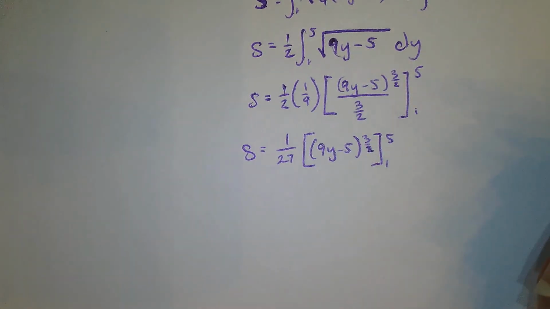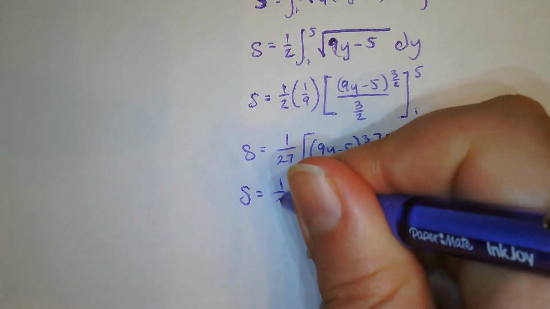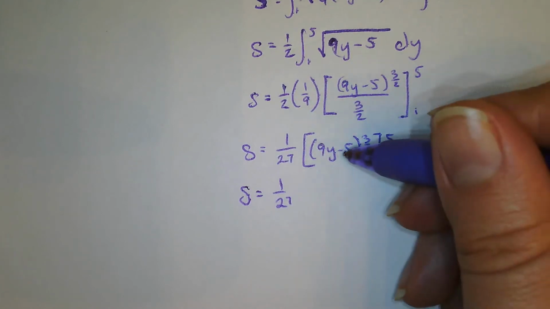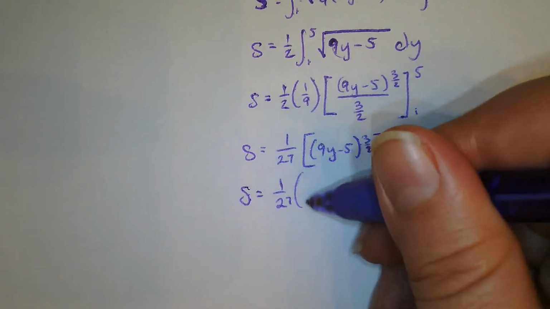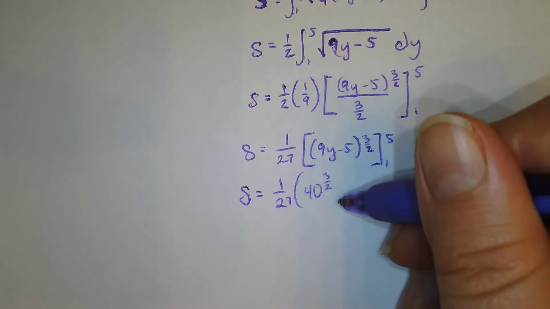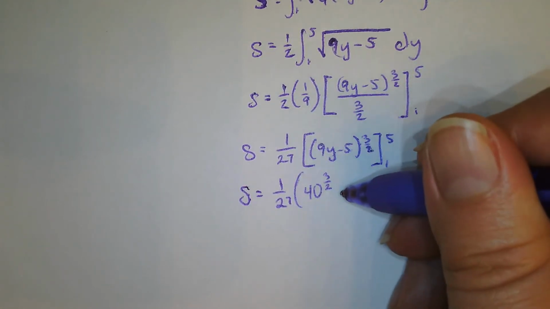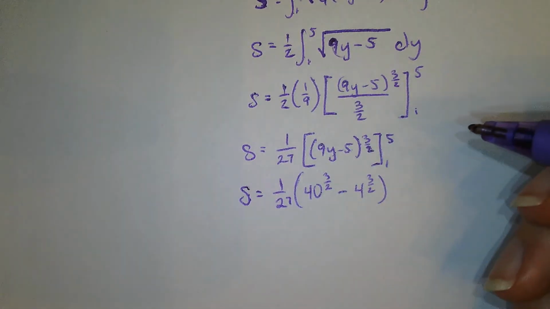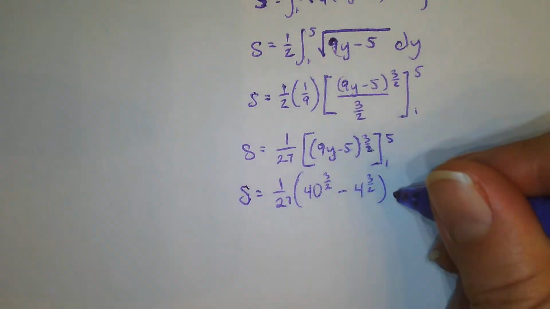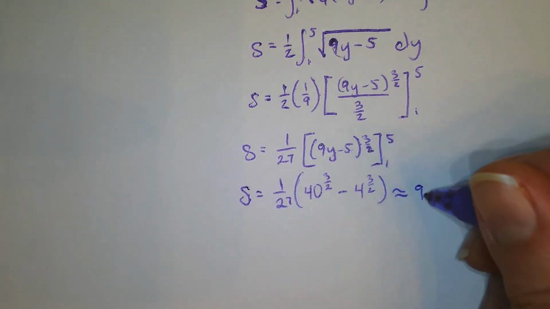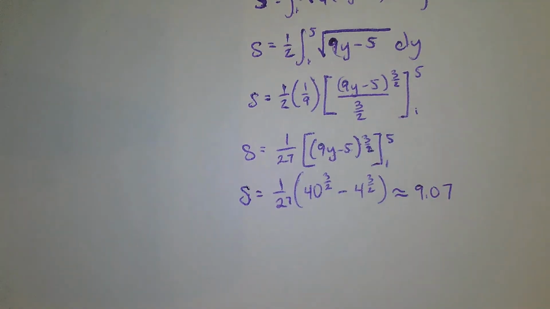Now we just plug in our values and get some numbers here. S equals 1/27. 5 times 9 is 45. 45 minus 5 is 40. So 40 to the 3/2, which is some fraction. 9 times 1 is 9, minus 5 is 4. Minus 4 to the 3/2. Plug all that in, get yourselves a number, and we'll get approximately 9.07 as the arc length.